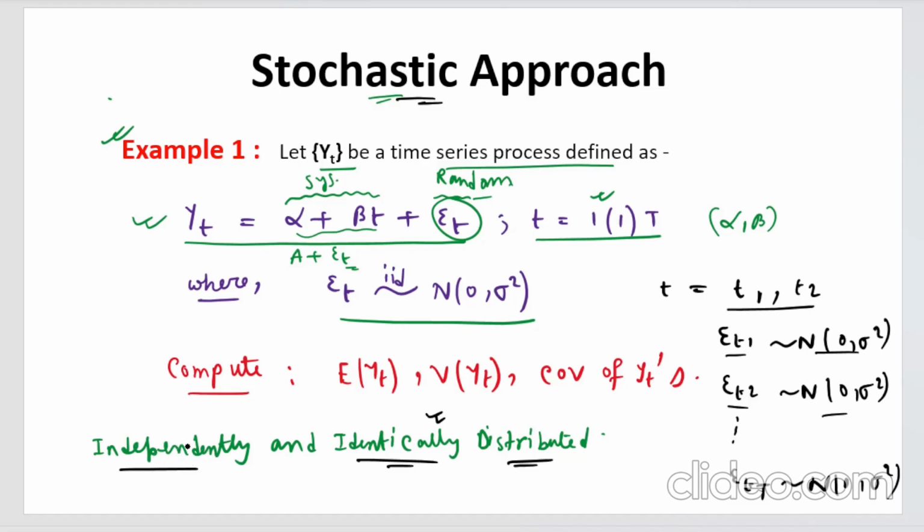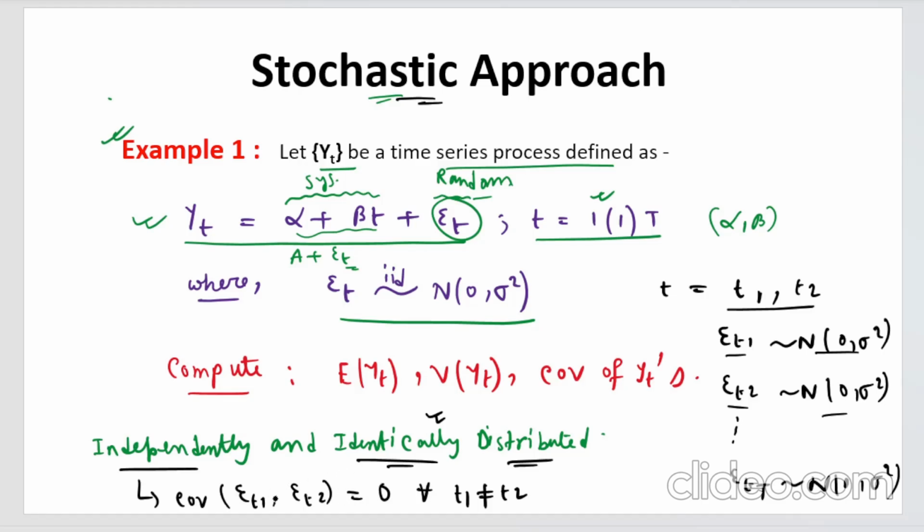Now, what is independence? Independence means the covariance between epsilon t1 and epsilon t2 is 0 for all t1 not equal to t2. This is very important to understand. If you have learned the concepts of econometrics, you will know it is called the no autocorrelation problem.